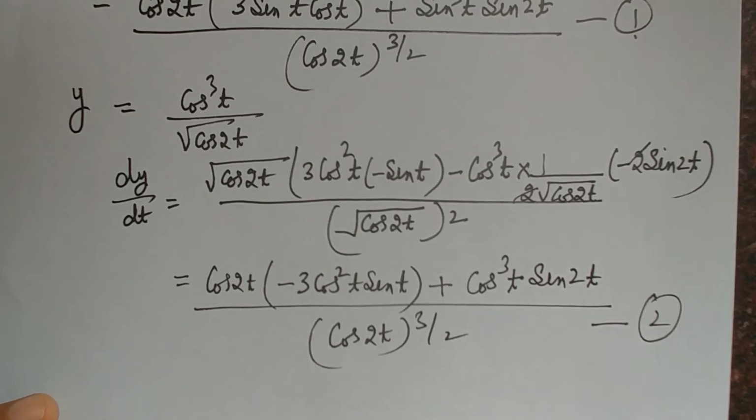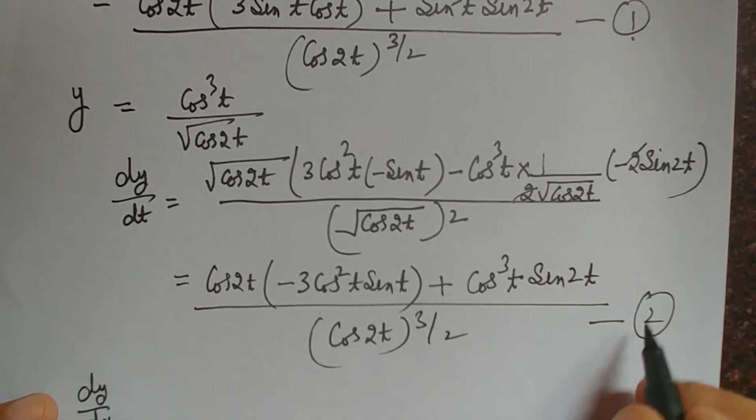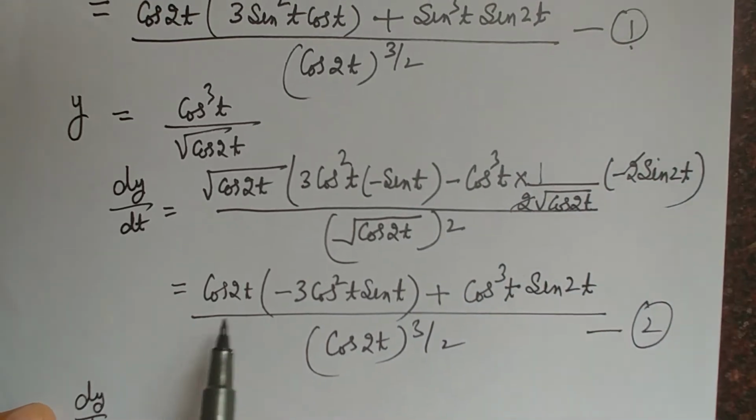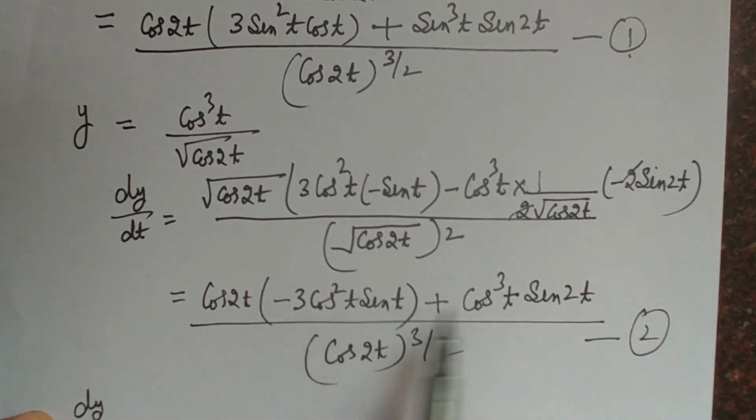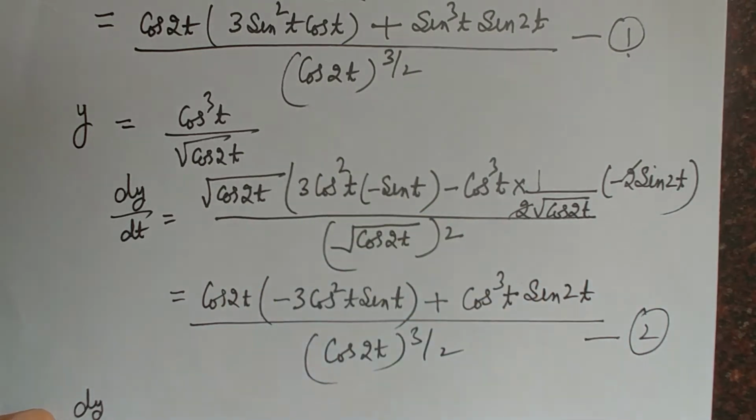Now to get dy by dx, I will divide 2 by number 1. So I'll just take the numerators: the numerator of this one and the numerator of this one, as the denominators of both are the same, so they will be cancelled.